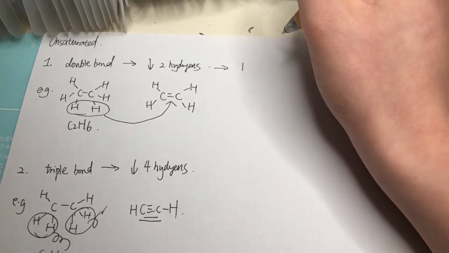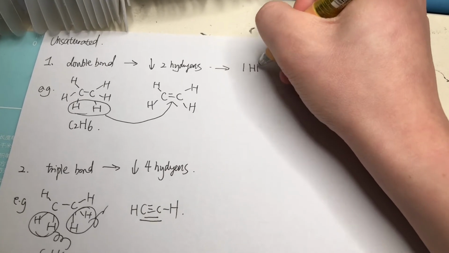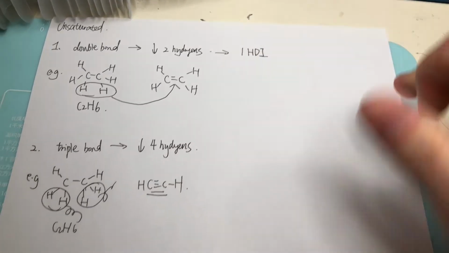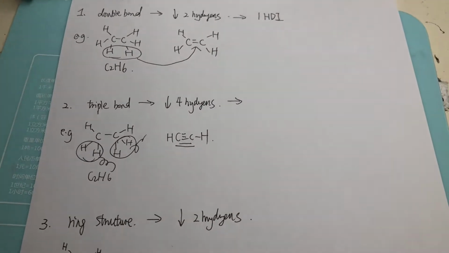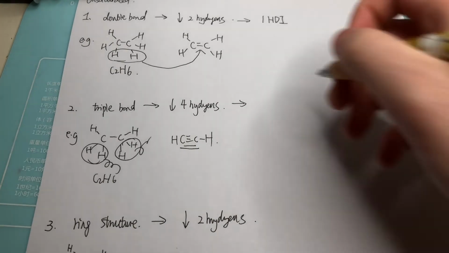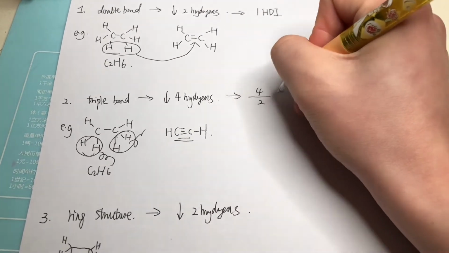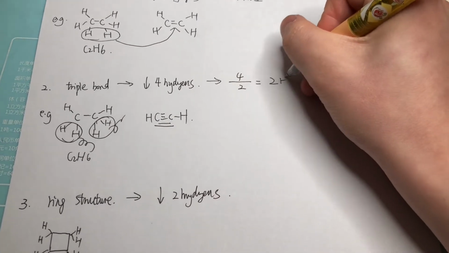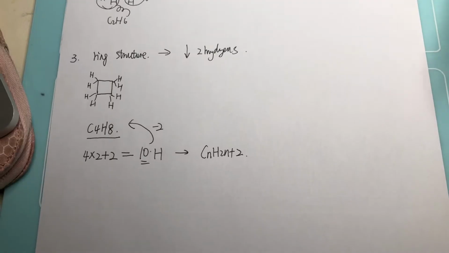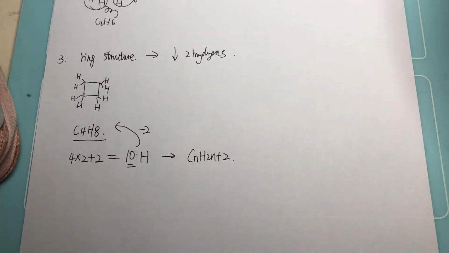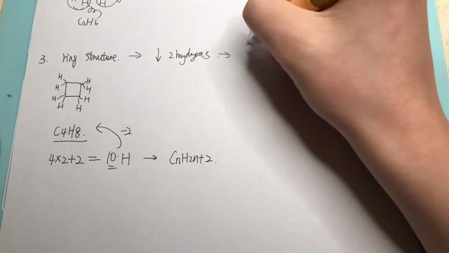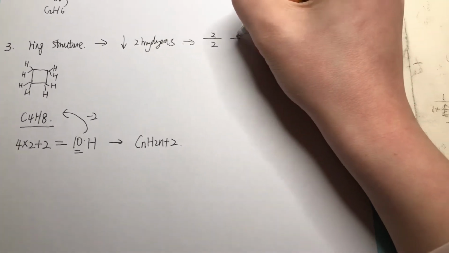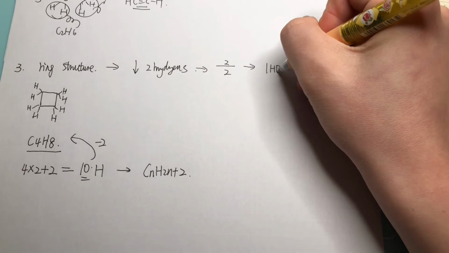We abbreviate it as 1 hydrogen deficiency index. For this triple bond molecule, there is a lack of 4 hydrogens, so 4 divided by 2 is 2 hydrogen deficiency index. Finally, for the ring structure, because there is a lack of 2 hydrogens, 2 divided by 2 is 1 HDI.